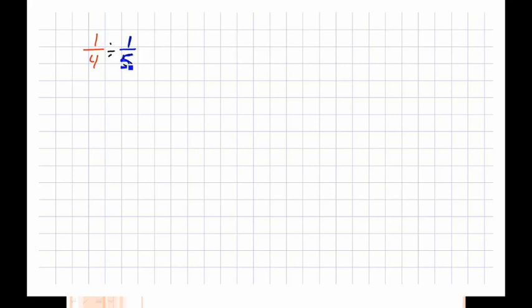But how many sections does that number line need to be broken into? It needs to be broken into 4 times 5, 20 pieces. We start at 0.